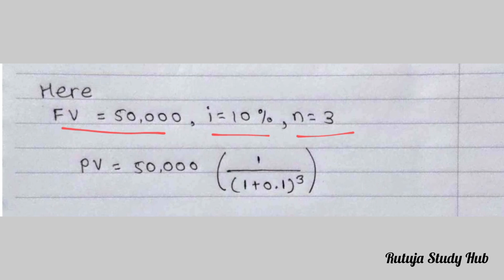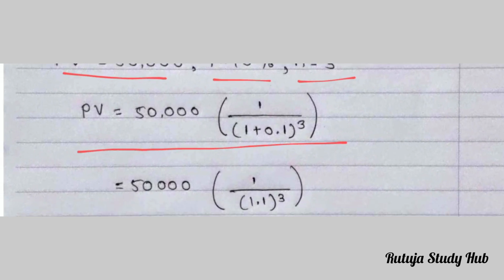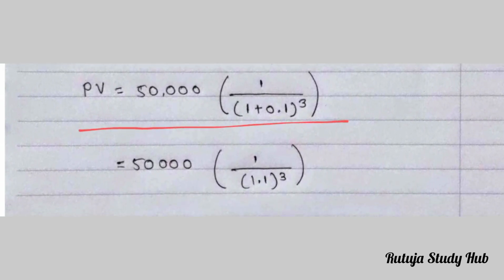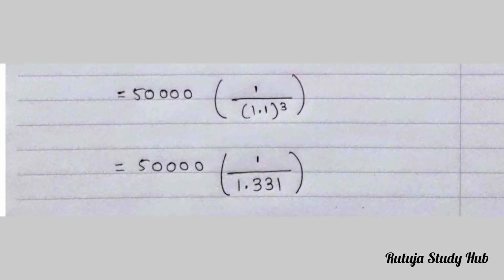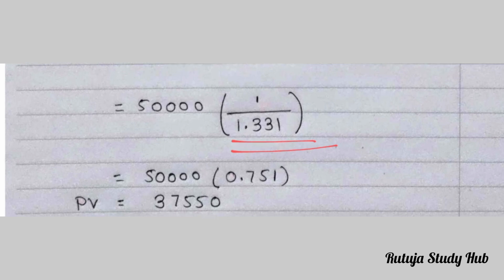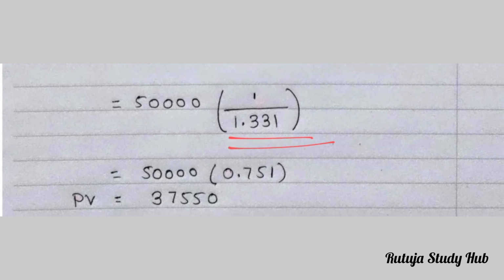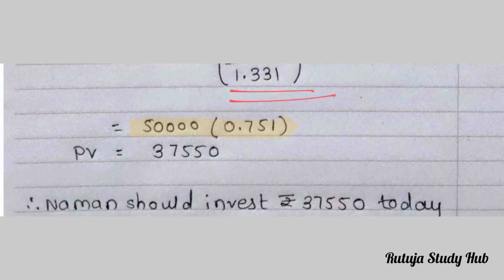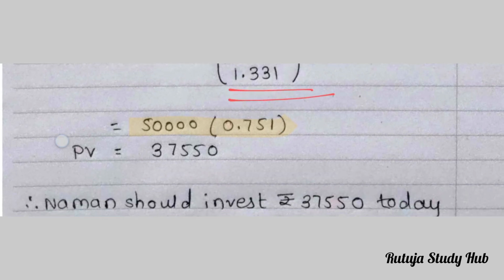PV is equal to 50,000 × 1 / (1 + 0.1)^3. We have already calculated (1 + 0.1) cubed earlier, that is 1.331. Therefore, PV equals 50,000 × 1 / 1.331 equals 50,000 × 0.751.